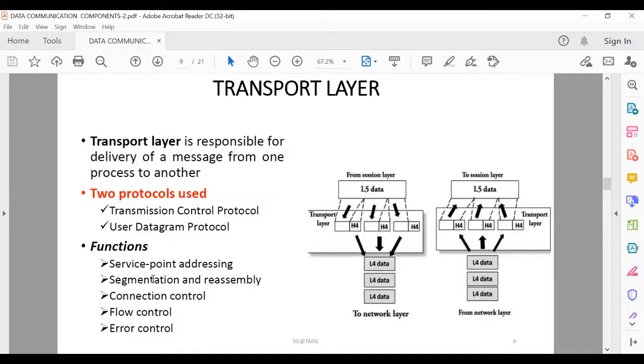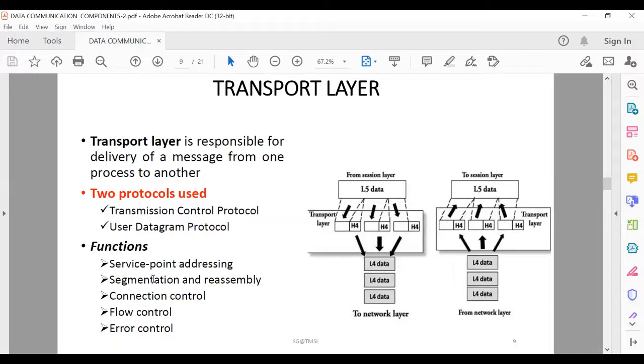Now this transport layer adds the header that contains the address, which is known as the service point address or port address. The responsibility of the network layer is to transmit the data from one computer to another computer, and the responsibility of the transport layer is to transmit the message to the correct process.